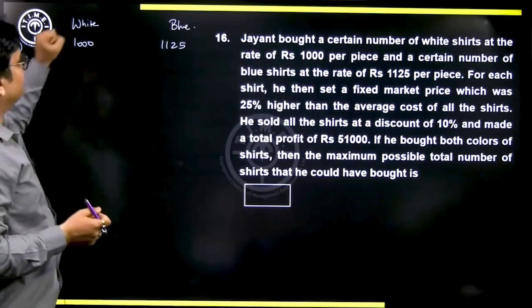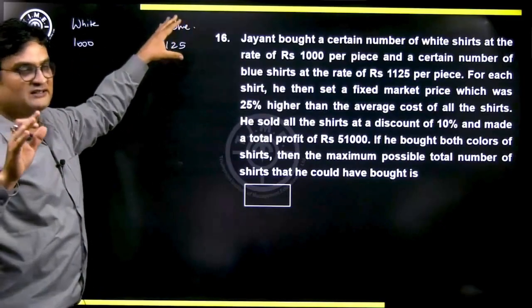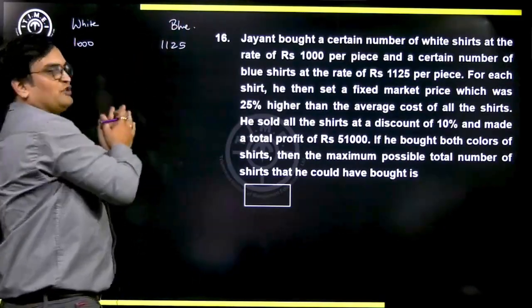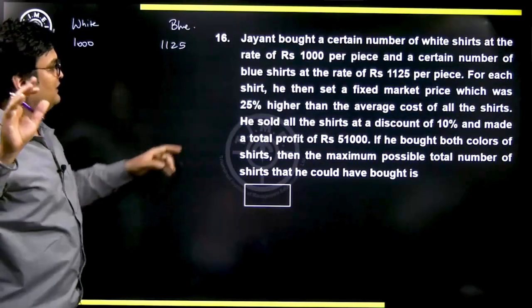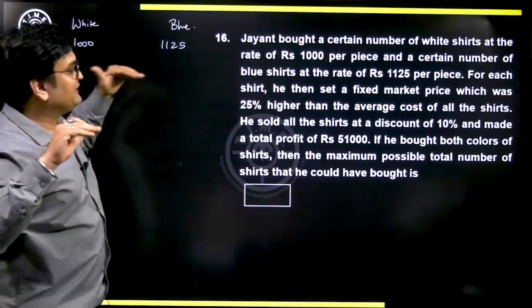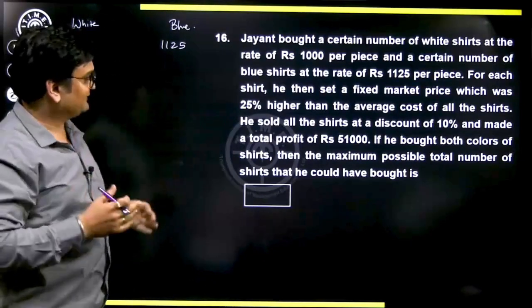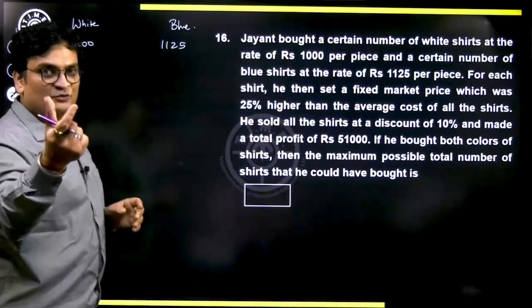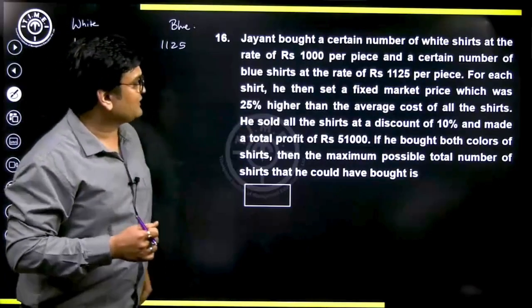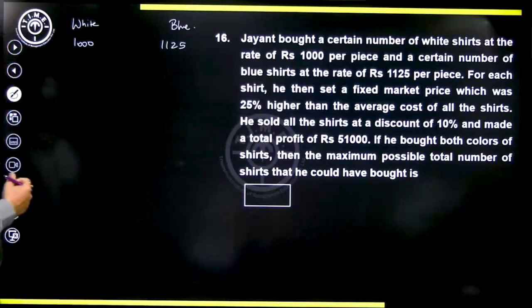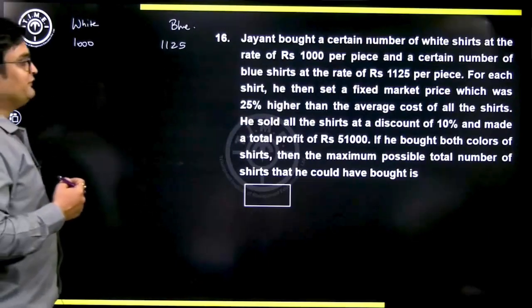We don't know how many white shirts or blue shirts there are, but whatever the average cost is, say 1100, I'm just randomly taking a value, he sets the mark price for each shirt as 25% more than that. He sold all the shirts at a discount of 10% and made a total profit of 51,000.